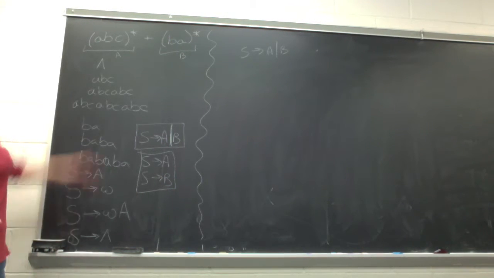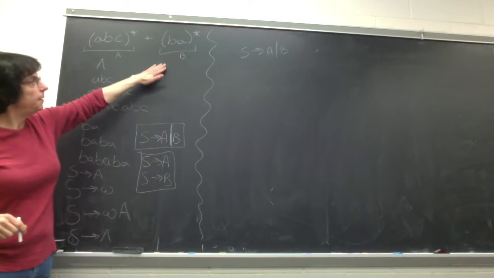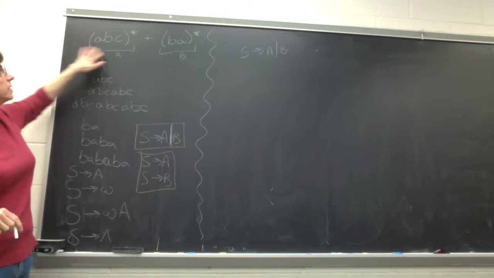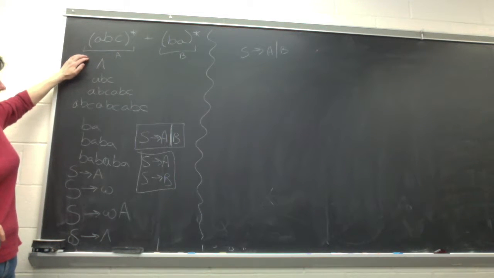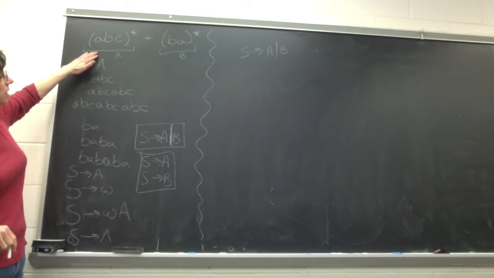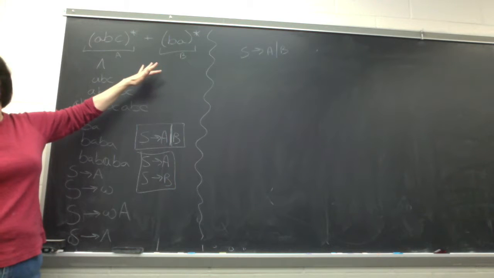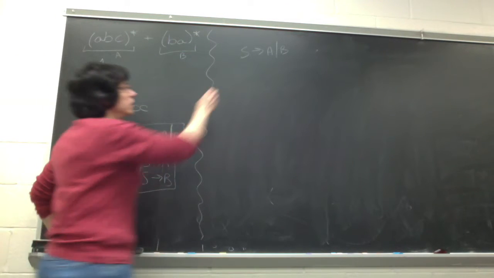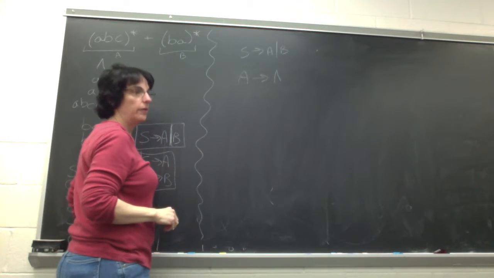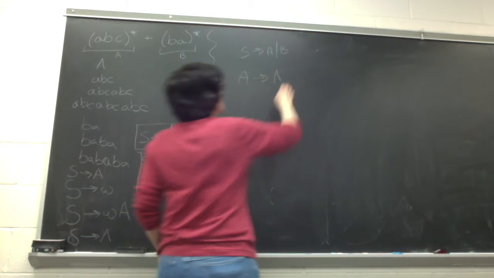Okay. Now let's deal with the A part because it's on the A side. What is A? Well, it's 0 or more ABCs, right? So we could say A could just go straight to lambda, because that would be 0 of them.